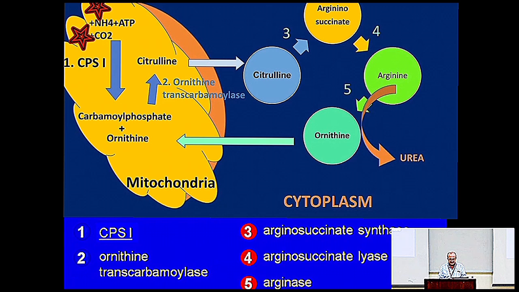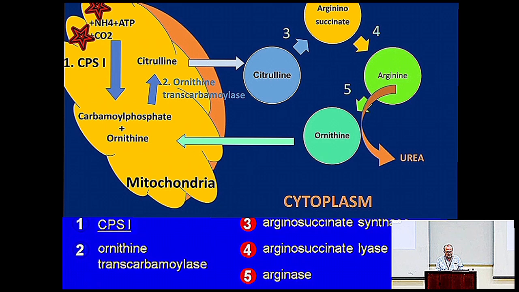Arginine formed by argininosuccinate lyase is broken down by arginase, which produces urea and ornithine, and ornithine is now transported back to the mitochondria, and the cycle can begin again with another molecule of carbamoyl phosphate. Okay? So know what enzymes are in the mitochondria, what enzymes are in the cytoplasm, and the sequence.